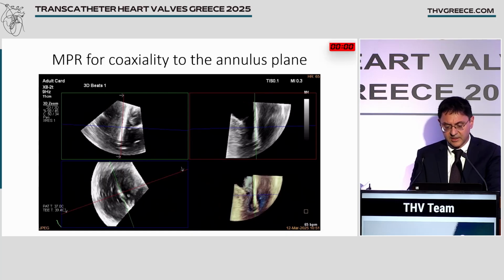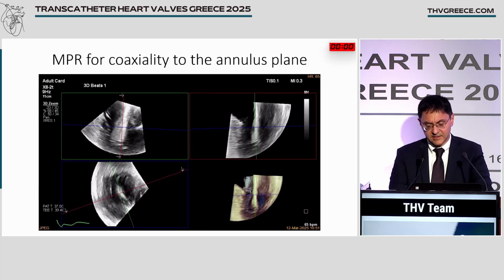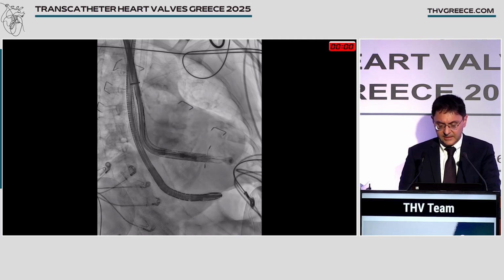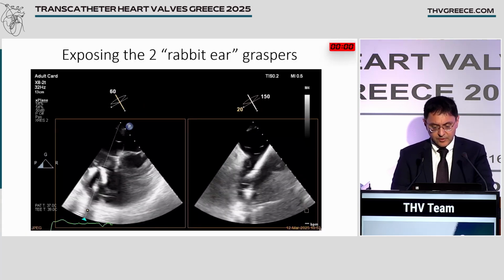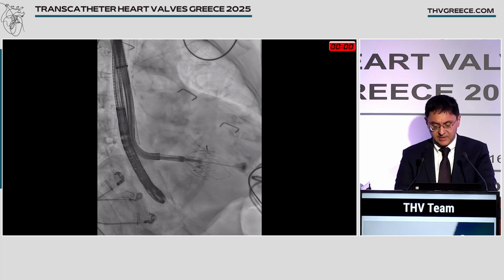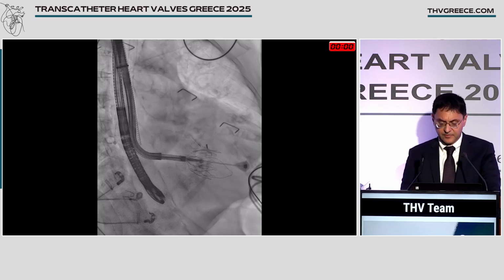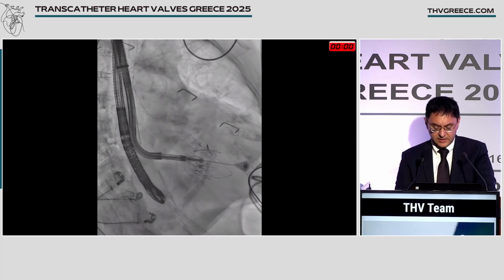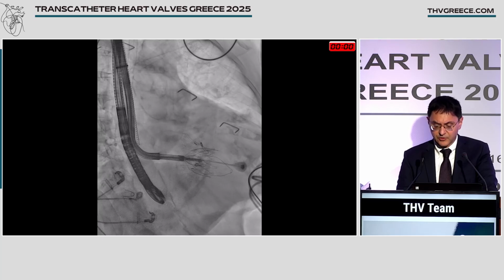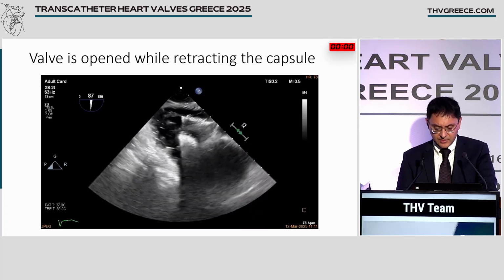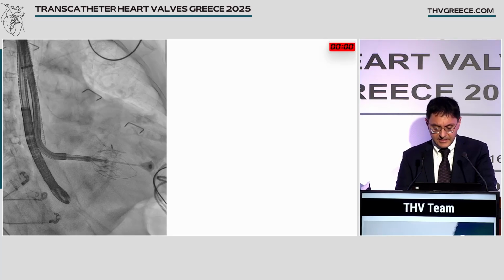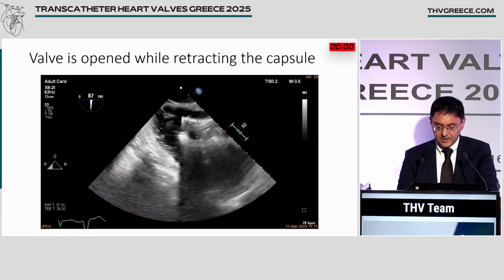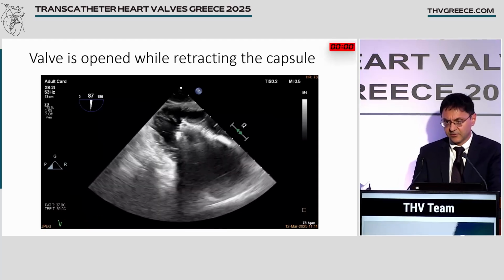We use MPR for coaxiality to the annulus plane, and we expose the two rabbit ears at the beginning, then the ventricular part of the valve. When we see there is no PVL, we proceed with exposing the atrial part, and then we anchor the valve with the 3 nitinol anchors.